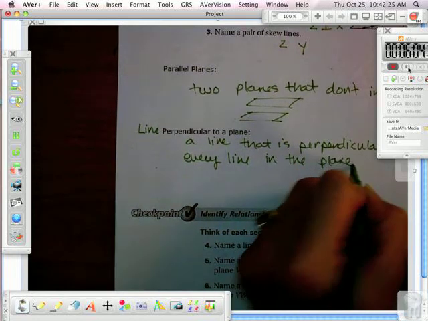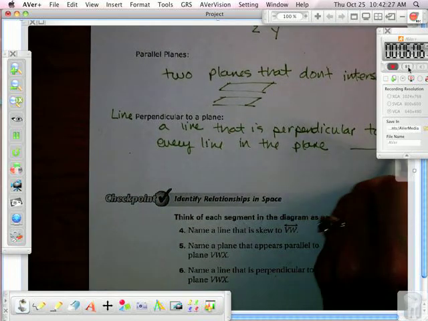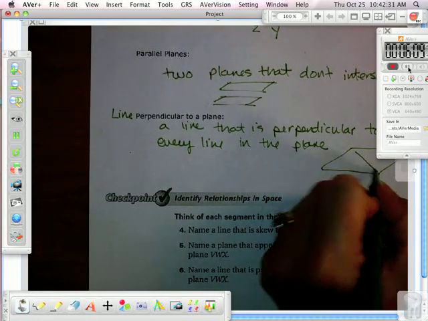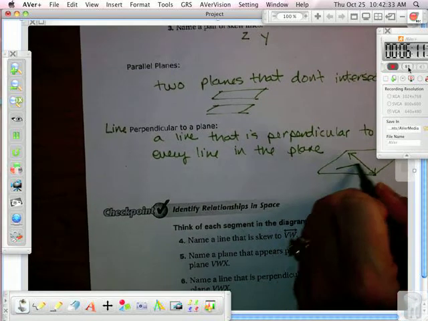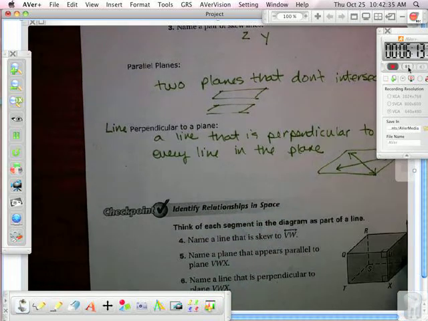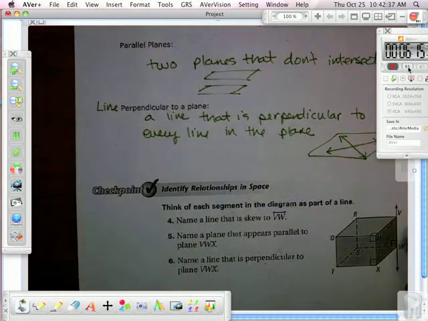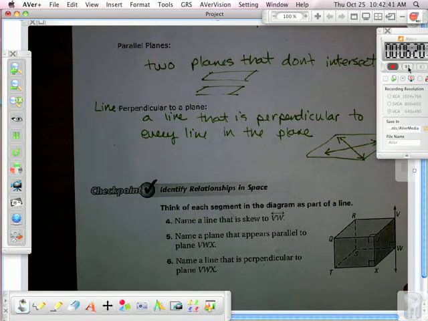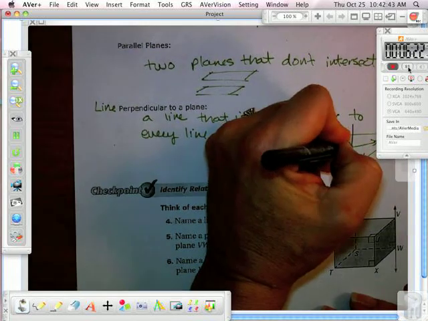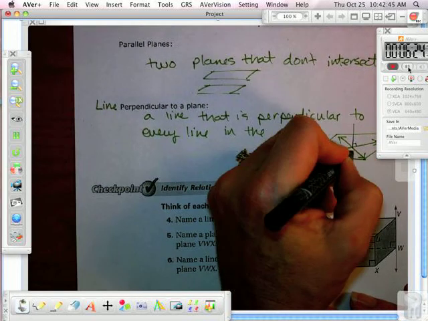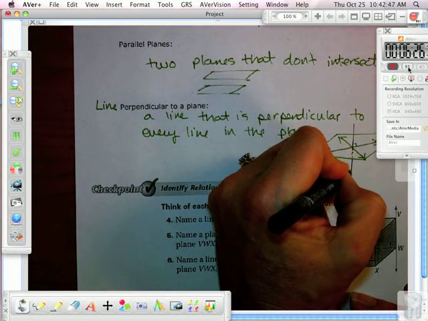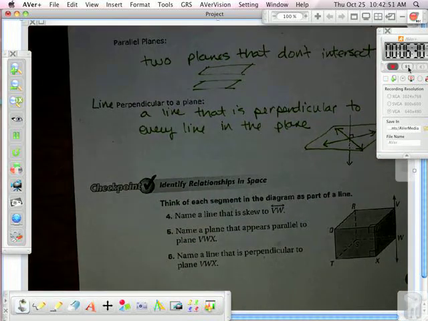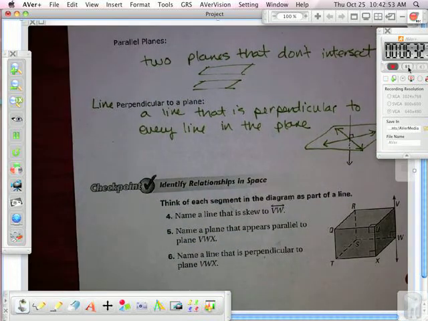So if I draw a plane, and this plane is made up of these two lines. Okay? And I have another line that is perpendicular to those. That's what that means, a line perpendicular to a plane, because two lines can make up a plane. And you have this line that's perpendicular to it.